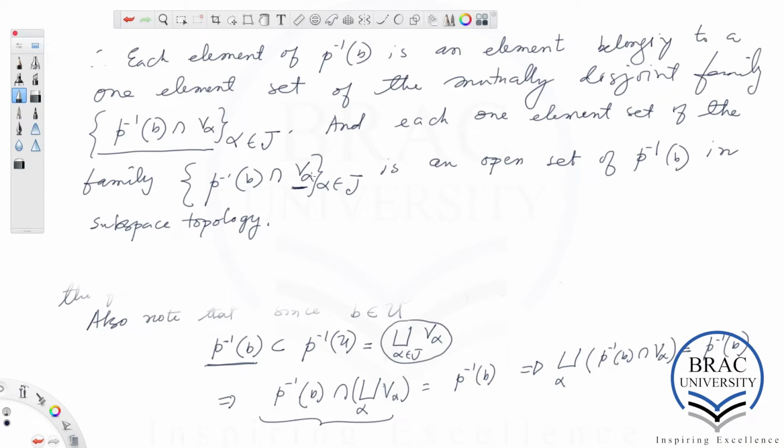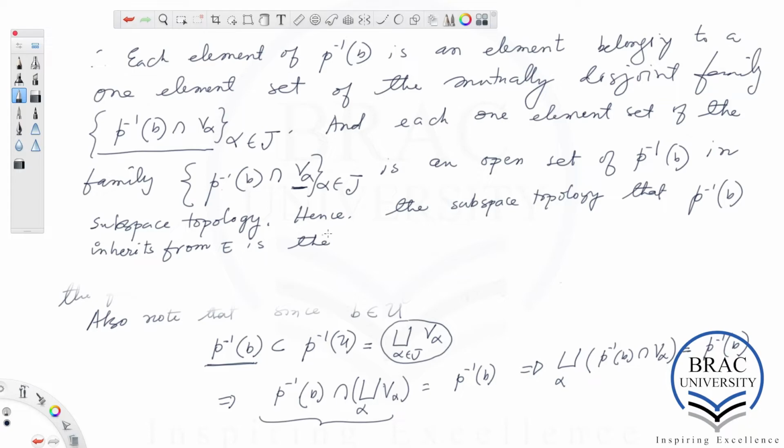Okay. So this is what we write now, that hence the subspace topology that P inverse B inherits from E is the discrete topology.